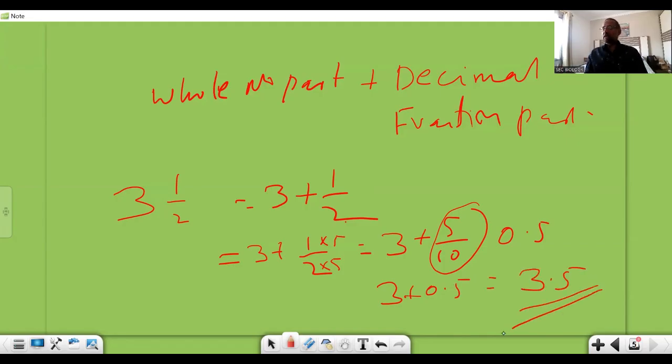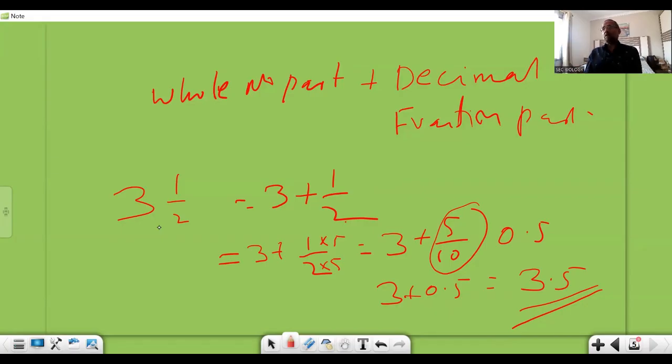It is exactly correct. Don't write it like 3 plus 3 by 2. It is not 3 by 2. It is 3 plus half.